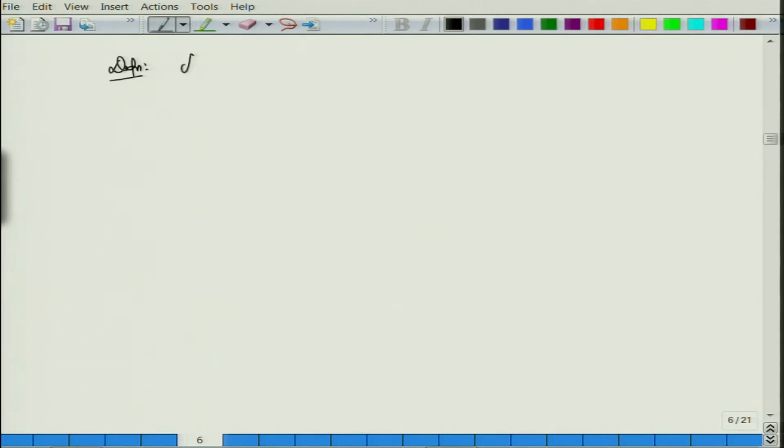Let A be an n cross n matrix with real entries or complex entries.